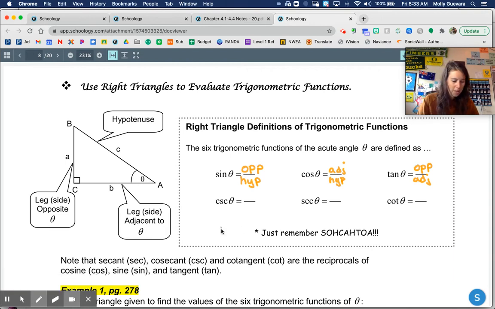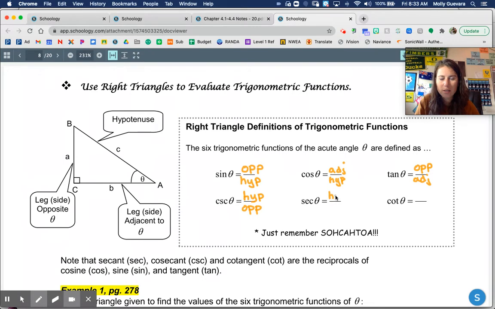Now, these guys are, maybe they're new, maybe they're not. This one right here is called cosecant. Okay, so cosecant is just the reciprocal of sine. So this is hypotenuse over opposite. Secant here is the reciprocal of cosine.